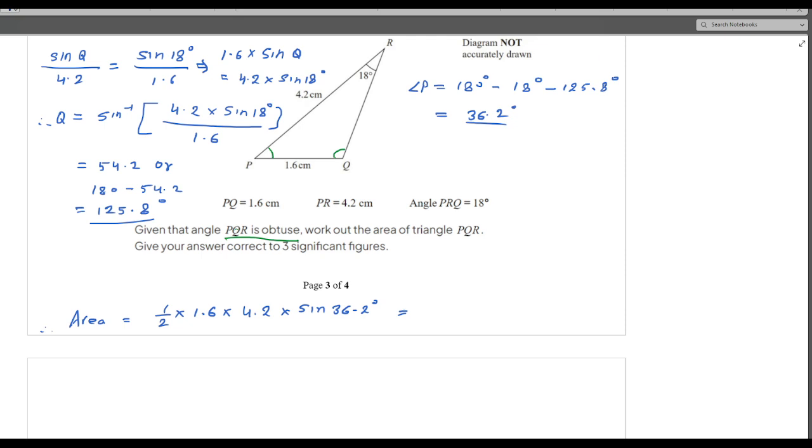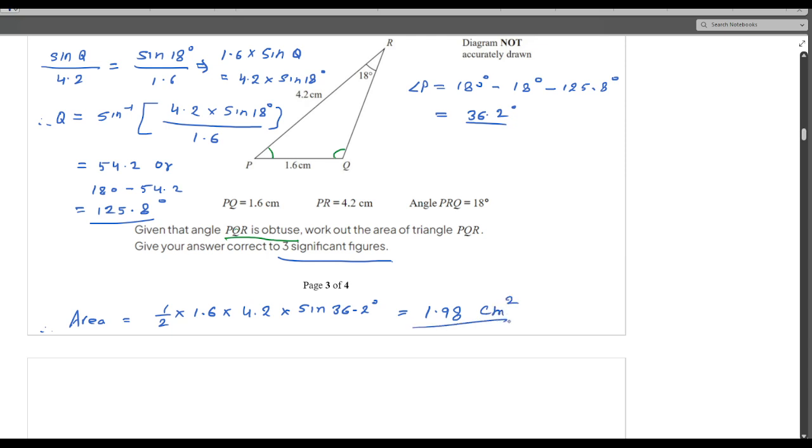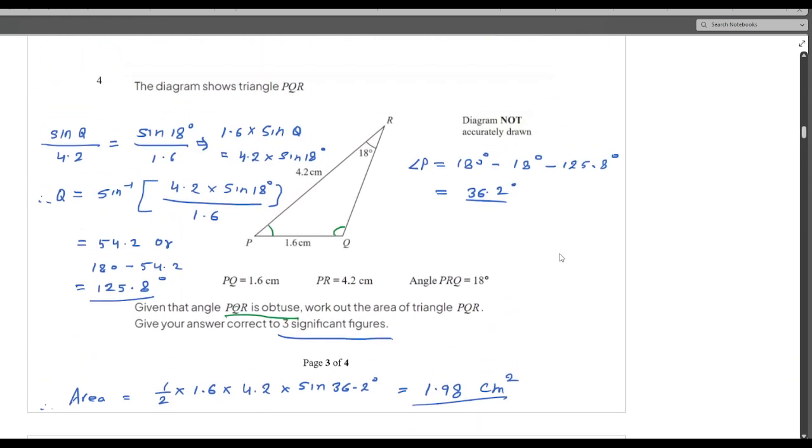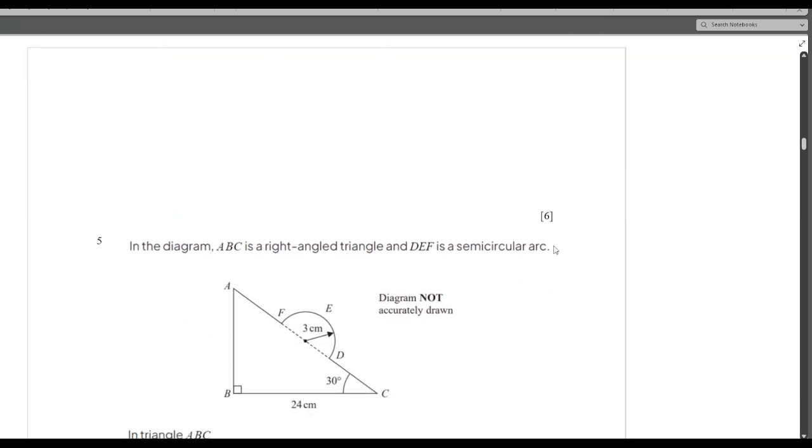The result is 1.984, that is 1.98, in three significant figures. The unit will be centimeter square. Okay, don't forget to write the unit. So 1.98 centimeter square. Again, this is a very interesting question.